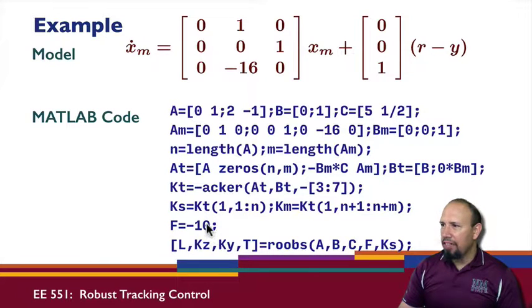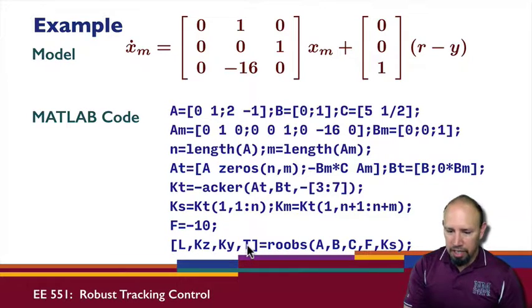And so that's why F here is a 1-by-1 matrix. In this case, it needs to be stable, so I set it to be at -10. Then I use this function, reduced order observer, that takes A, B, C, F, and the state feedback gain, Ks, and returns L, Kz, Ky, and the transformation matrix T.